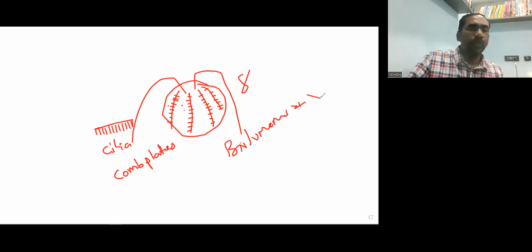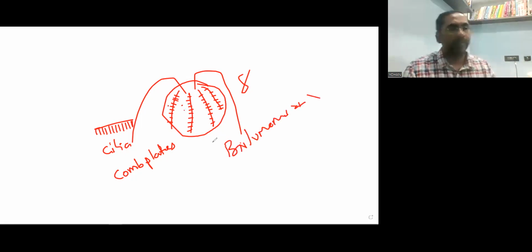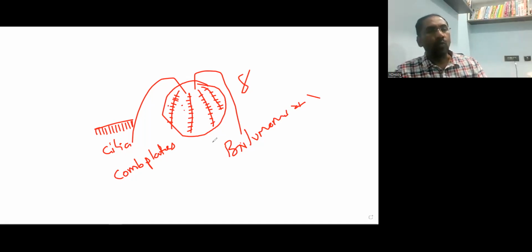What is meant by bioluminescence? Emission of light. You can watch these pictures on the net. Bioluminescence is the characteristic feature of ctenophores.